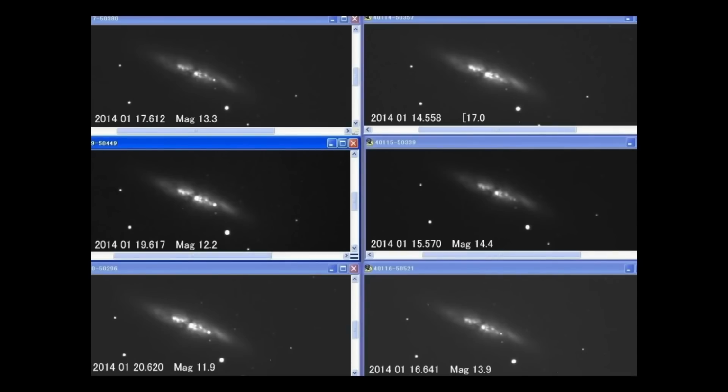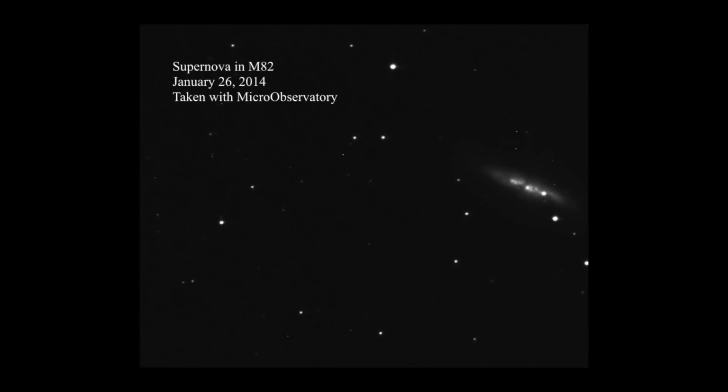As you can see, you just track it over the days and times. We see that it gets brighter. It starts at magnitude 17, gets to its brightest at 11, and then goes back down to 17. So this particular supernova was quite nearby, at 13 million light years away, and we actually use this to help us understand more about that galaxy.